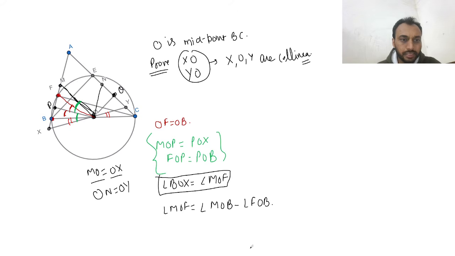So MOB angle, I think we can easily find out that, because M and O are the midpoints, so MO is parallel to AC, or MOB angle is same as angle C. And FOB angle is twice of angle FCB.